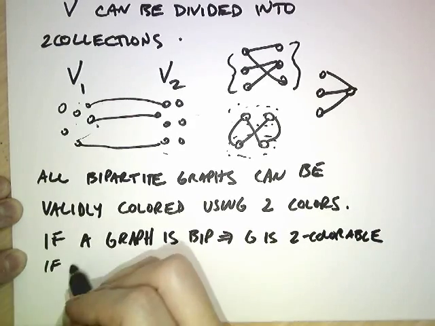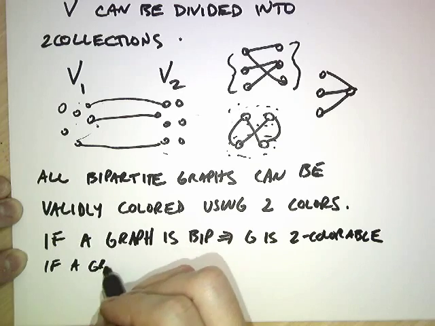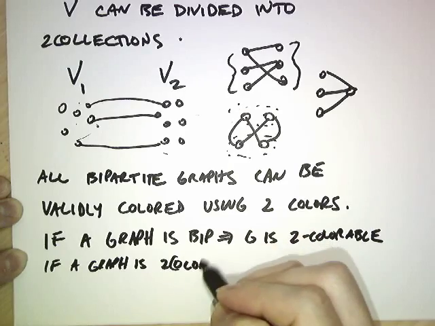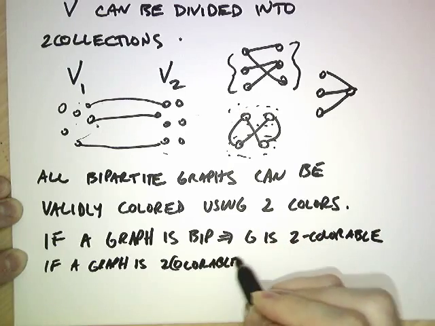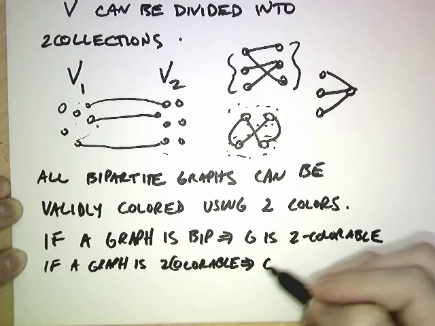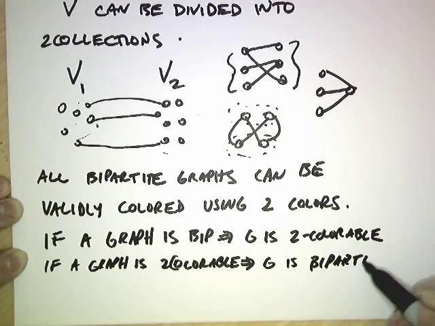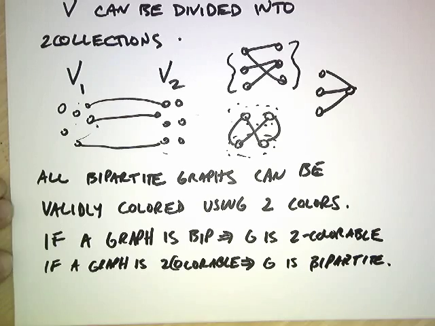And if a graph is two colorable validly with two colors, then the graph G is bipartite. So we've said that if it's bipartite, then it can be colored using two colors. So that proves this implication.